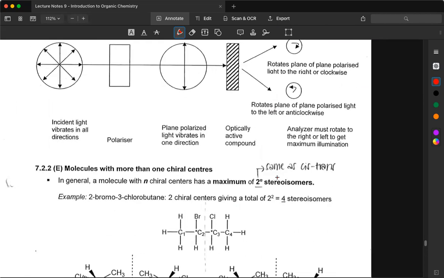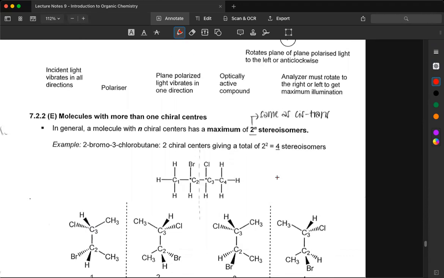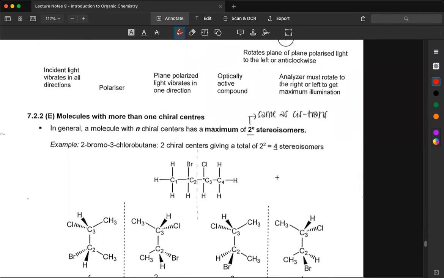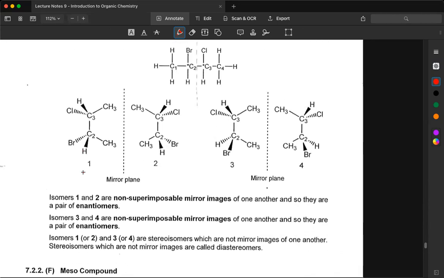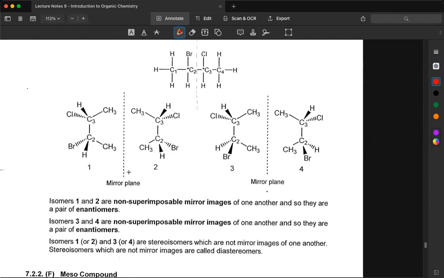How about molecules with more than one chiral center? In general, a molecule with n chiral centers has a maximum of 2 to the power n stereoisomers. For example, with 2 chiral centers, there will be 4 stereoisomers like this. 1 and 2 are non-superimposable mirror images of one another, so they are a pair of enantiomers. 3 and 4 are also a pair of enantiomers.